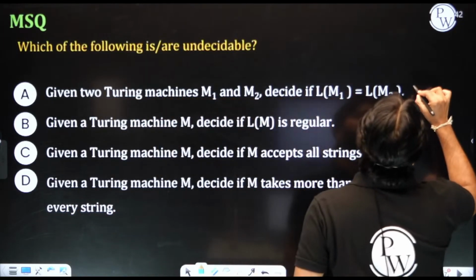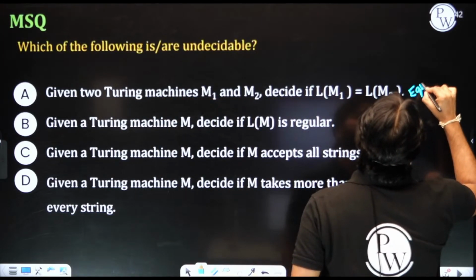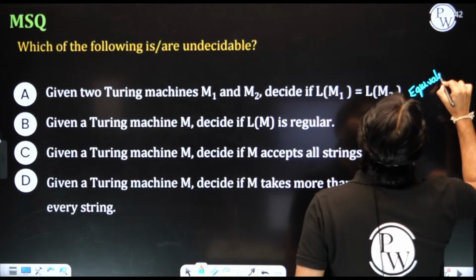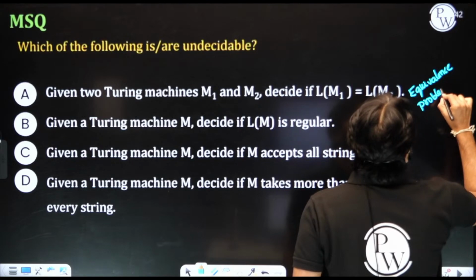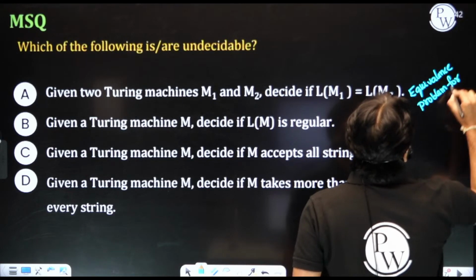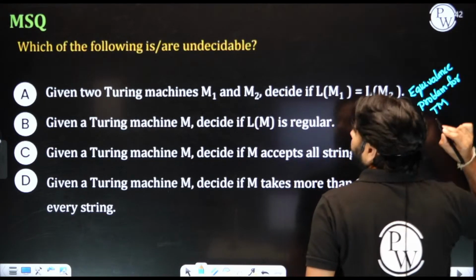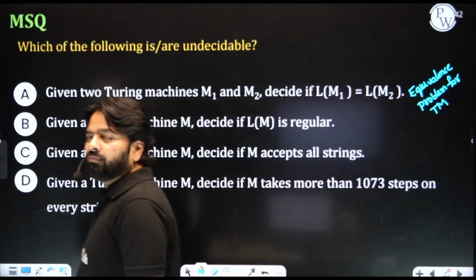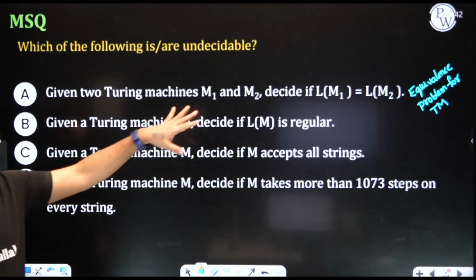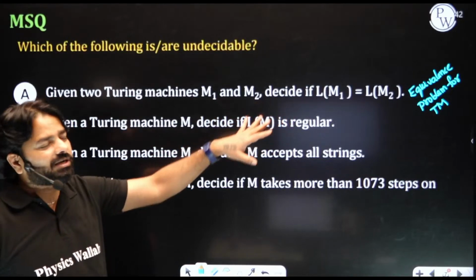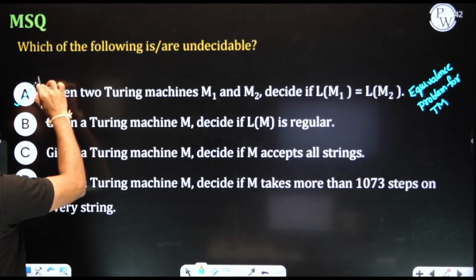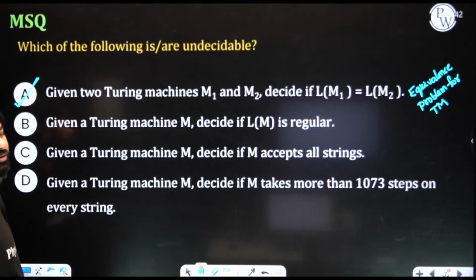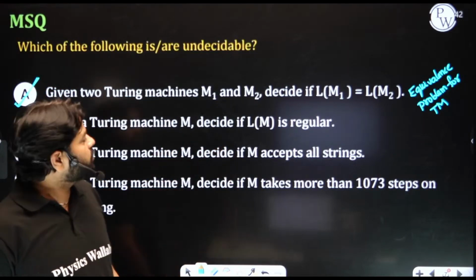If you want to understand which problem it is in the decision properties table, it is the equivalence problem for Turing machines. Is this decidable? All the problems that we have studied in the decision properties table are undecidable for Turing machines, right? So this is undecidable. It is MSQ. Option A is true, but we need to check the remaining undecidable ones also.